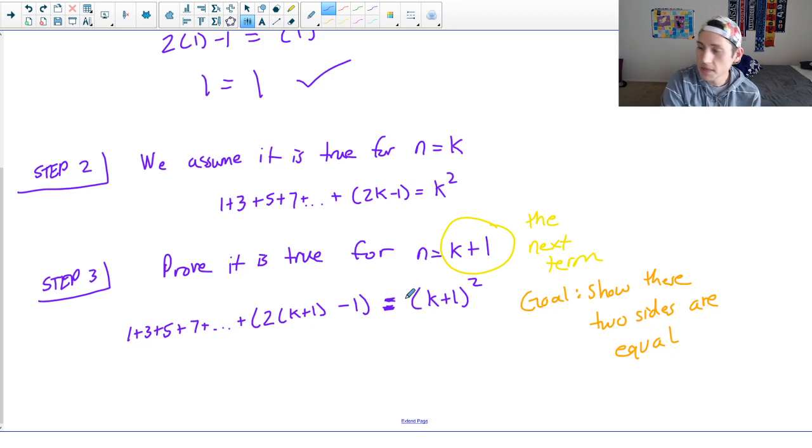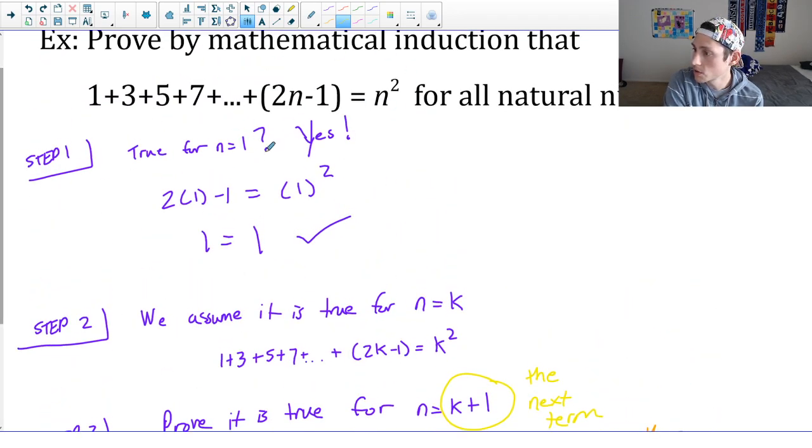So this is what I said. We need to do some multiplication, some distributing, some rearranging, manipulating, so we can prove definitively that these are the same thing. All right, so k plus 1 is what we plugged in here and here. So we just plug that into our original equation.